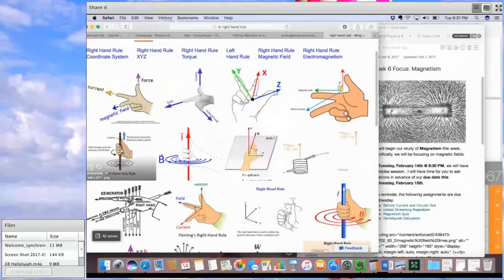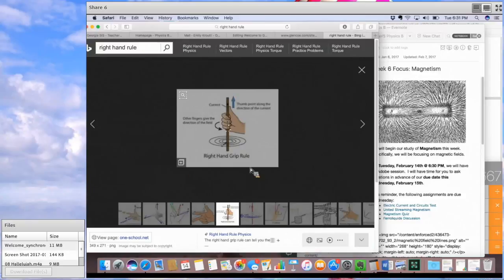Okay, so this is kind of what I was trying to describe. Because of the way this person has their thumb, in order for their hand to look like that, the person is towards the top of the screen, if that makes sense. That's where the person is.